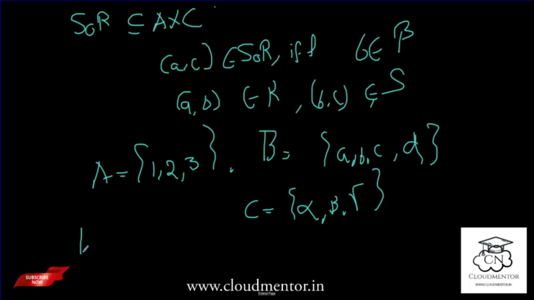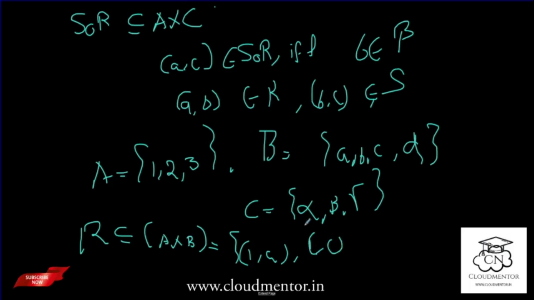Then relation R, a subset of A cross B, is equal to {(1,a), (1,c), (2,d)}.